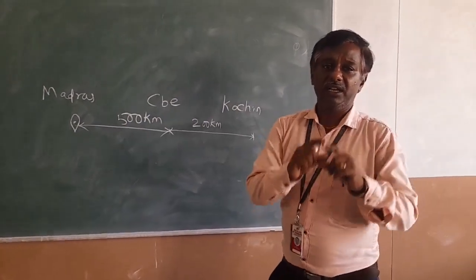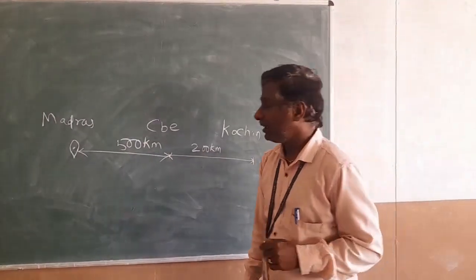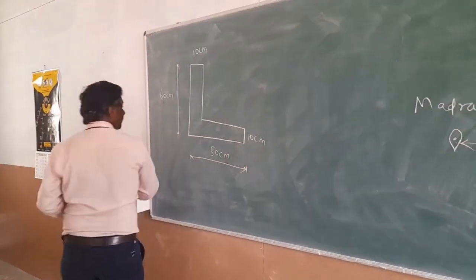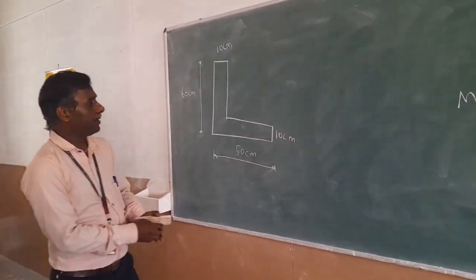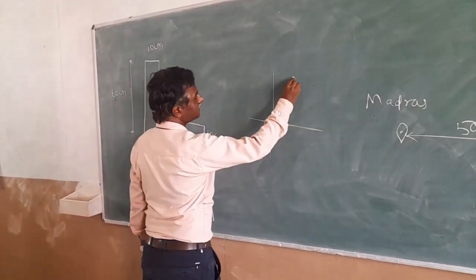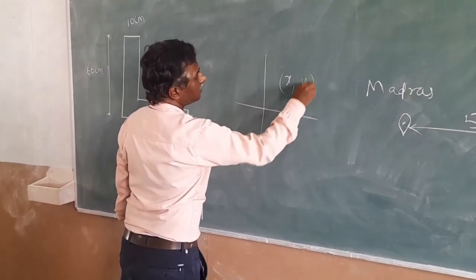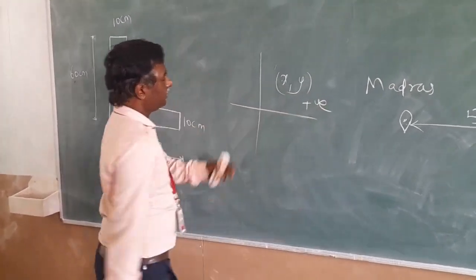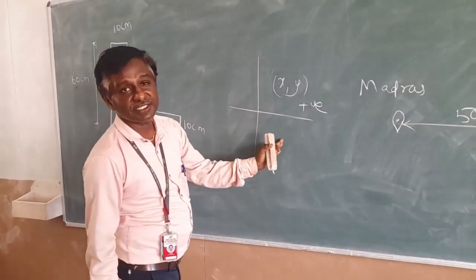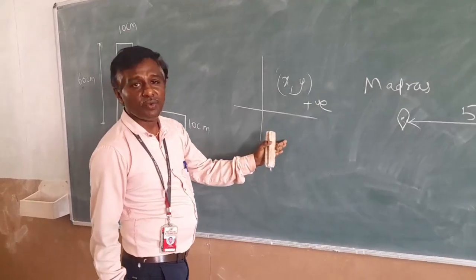For that we have to take an origin for measurement, so I am going to have one reference axis. The reference axis will be the first quadrant, because only in this quadrant are x and y both positive. In the other quadrants x or y is negative.